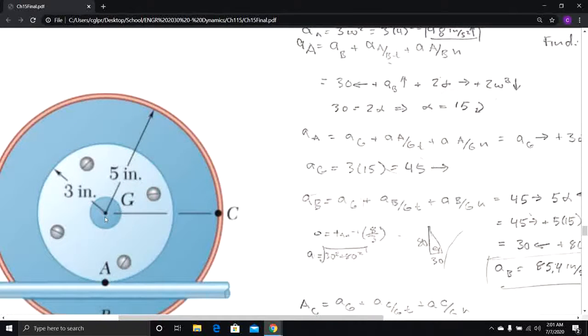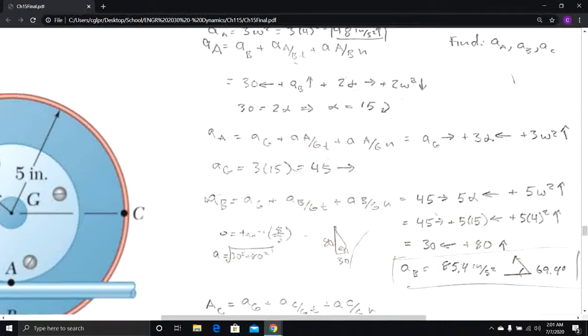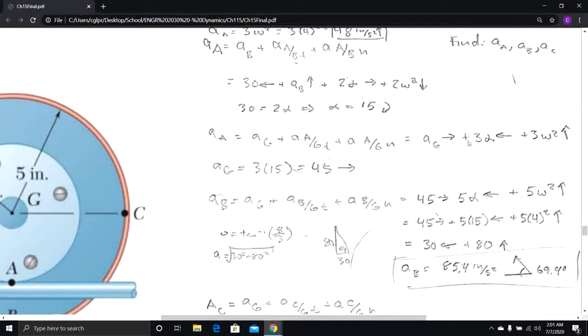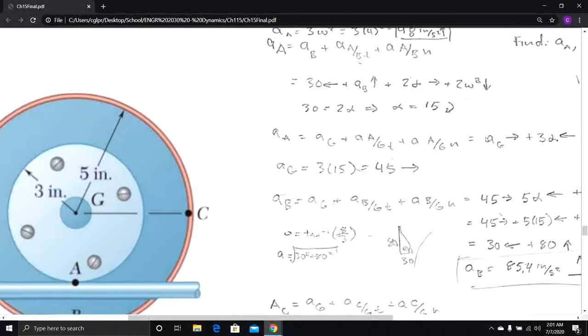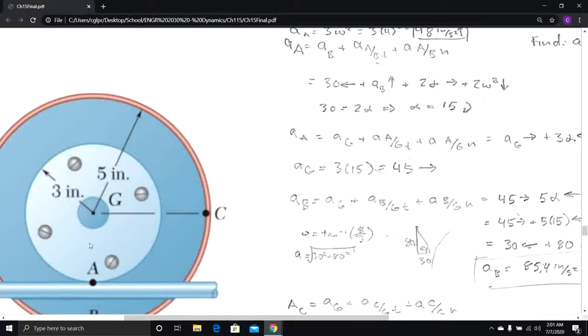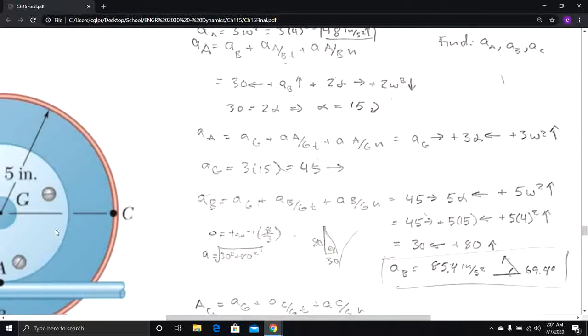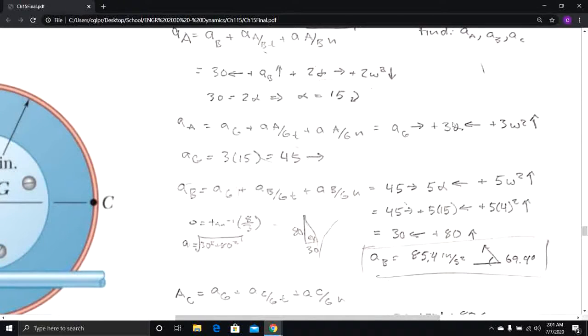It's not going to have any vertical acceleration. It's going to be going to the left because if I'm on G looking at A, it's going to be appearing to go to the left and up, which you can see here. Again, just looking at the I components, I'm able to solve for the acceleration of G.